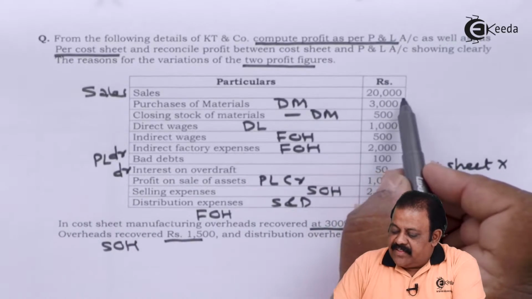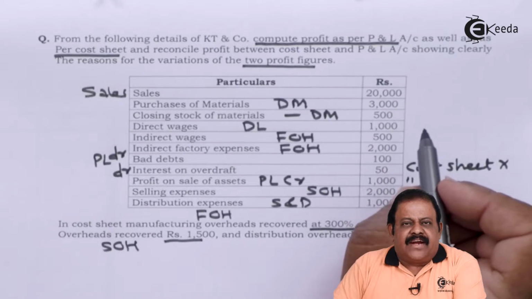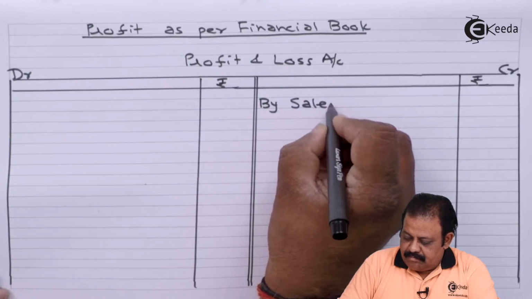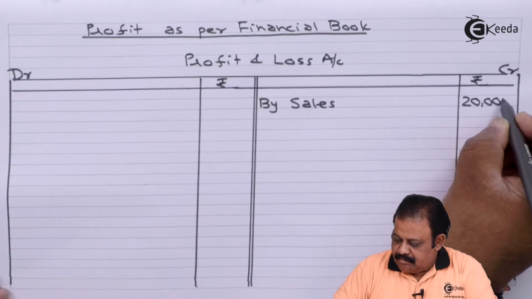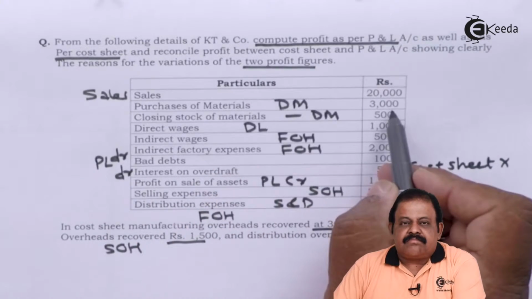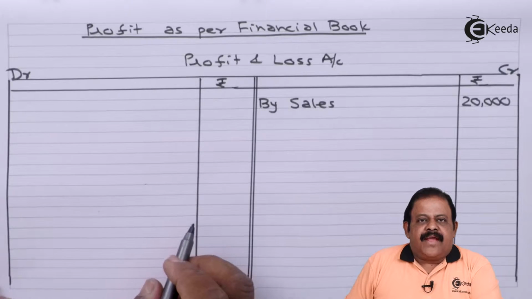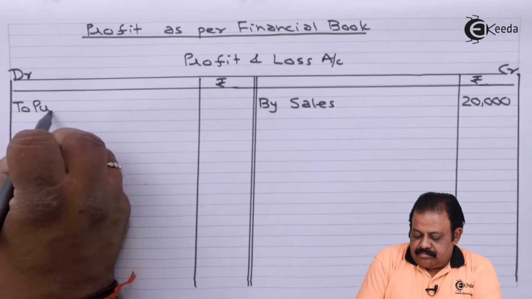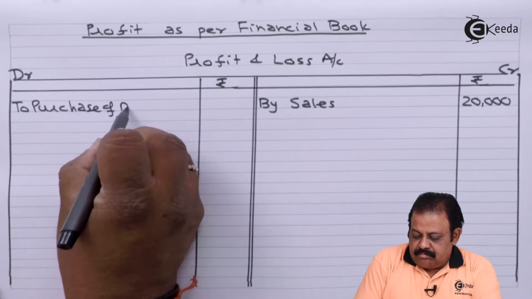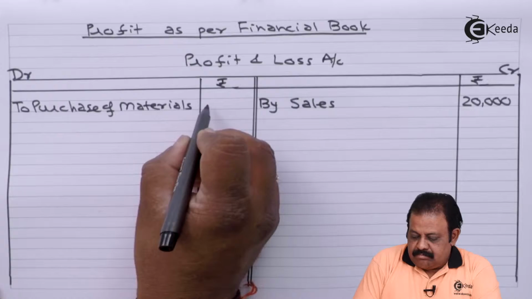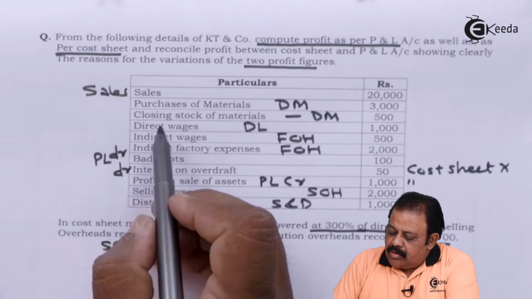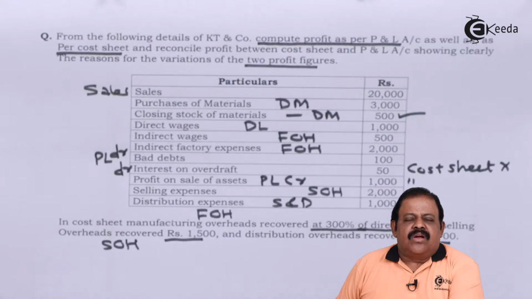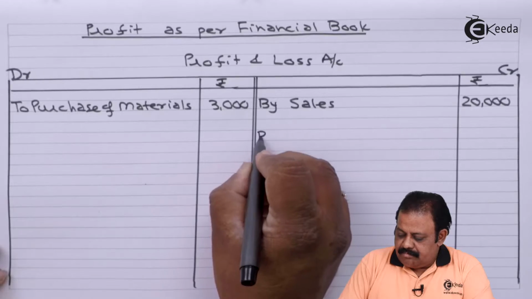Sales rupees 20,000, it will be recorded to the credit of income statement. Purchase of material rupees 3,000, this will be recorded to the debit of profit and loss account. Closing stock of material rupees 500, this will be recorded to the credit of profit and loss account.